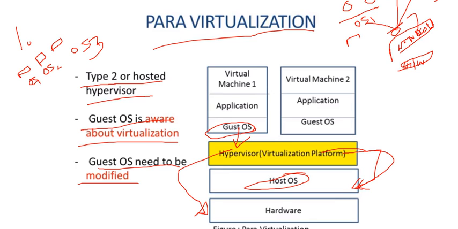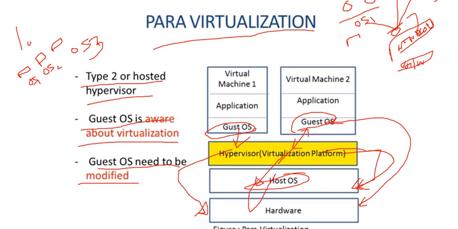So in this particular case, if we want the guest OS to do some other functionalities, we do not have any separate direct contact with the hardware, so we have to modify the guest OS in such a way that it can transfer its request to the hypervisor to be processed. Then the hypervisor will contact the host operating system, and it will take the services of the hardware.